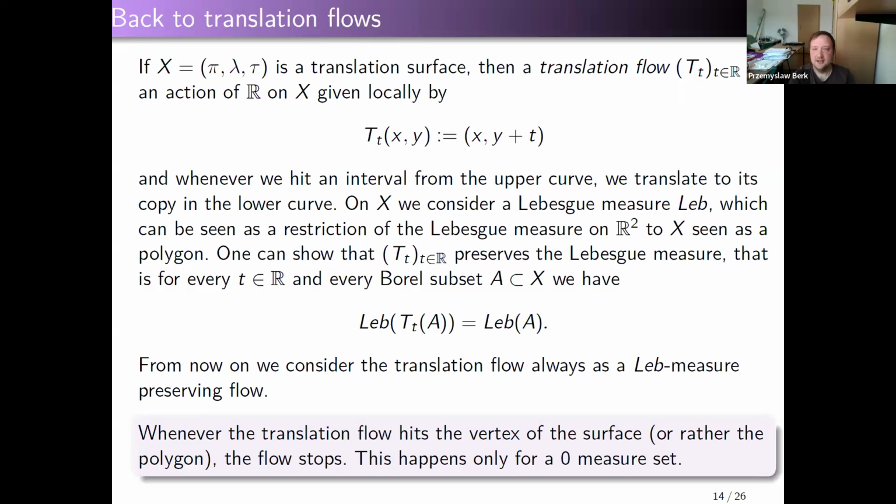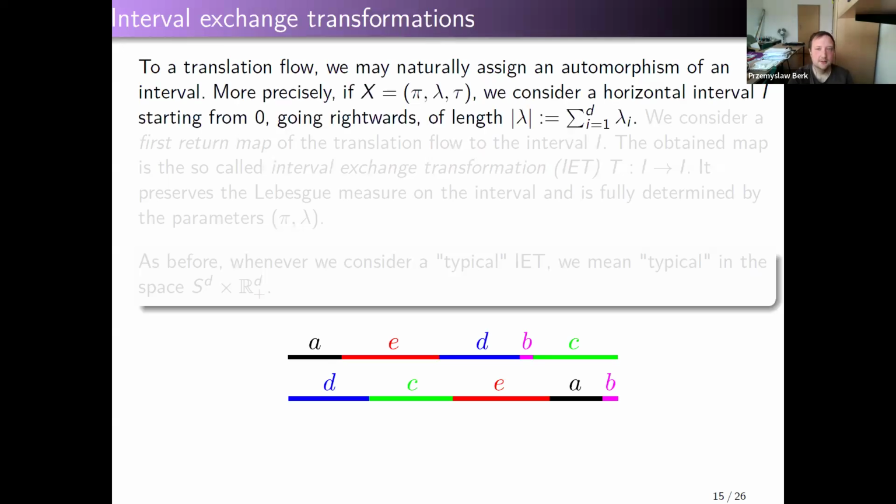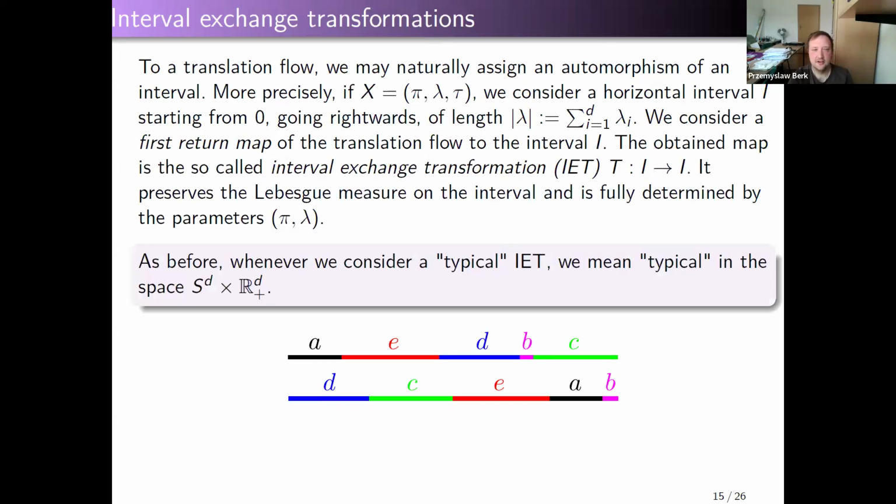Okay, and now I want to tell you about interval exchange transformations. The definition of the interval exchange transformation is over here. We consider a horizontal interval starting from 0 and going rightwards for as much as we need, with the length given by the sum of the horizontal parameters.